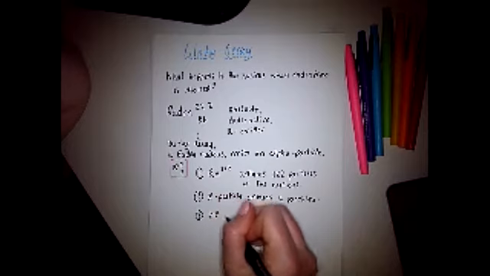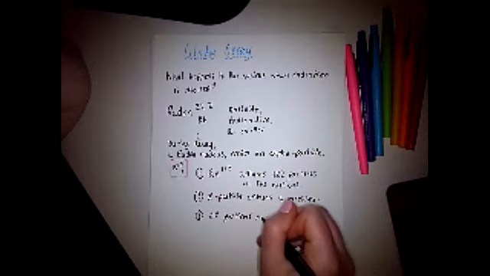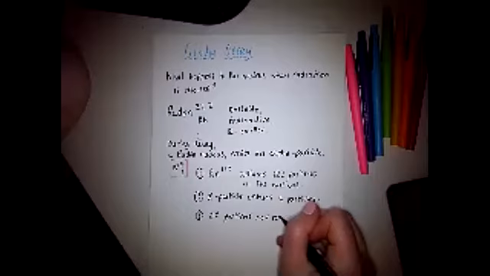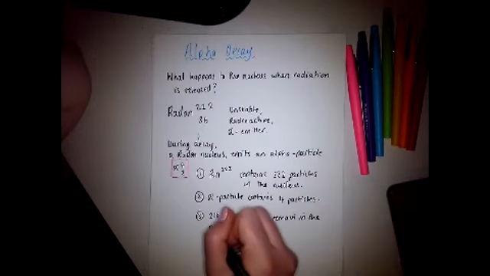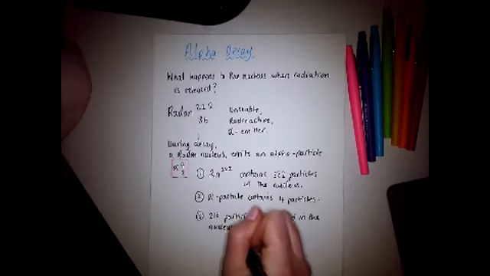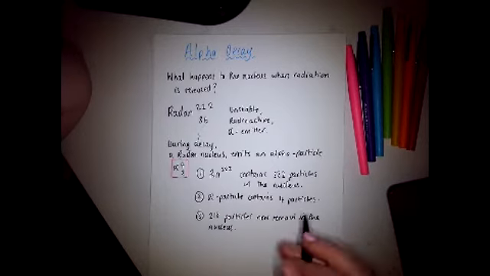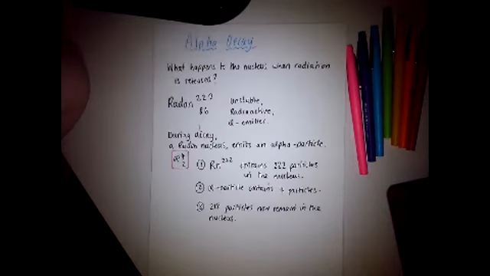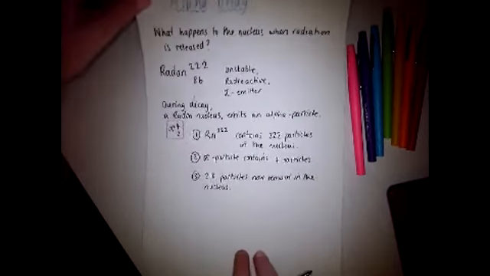So 218 particles now remain in the nucleus. Now, 2 of those particles out of the 4 are protons. Because they're protons, that means that the element is going to change.